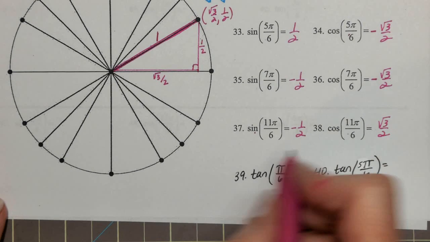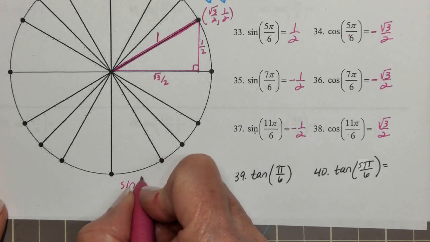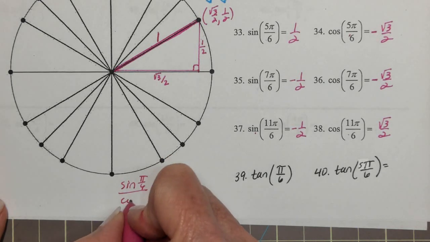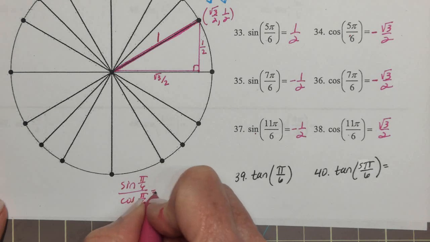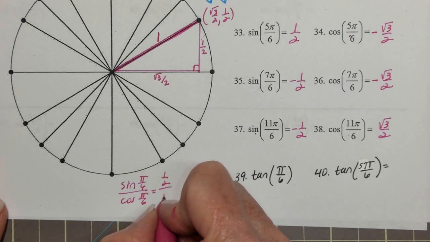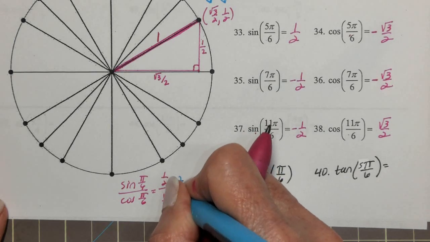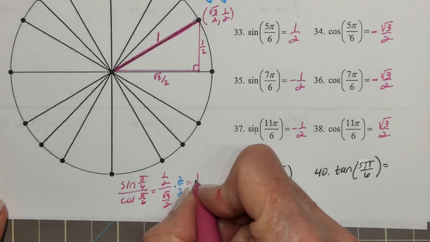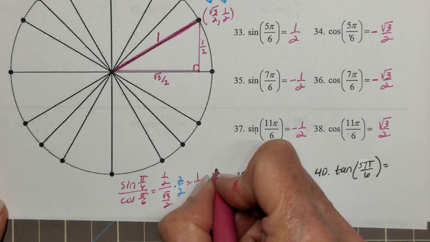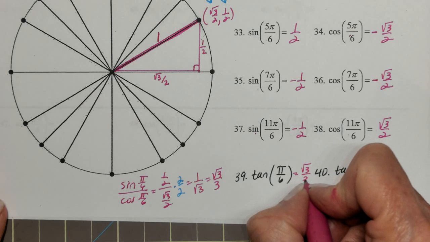Okay, tangent. Sine over cosine. So this will be sine of pi over 6 divided by cosine of pi over 6. Well, sine of pi over 6 is a half. Cosine of pi over 6 is square root 3 over 2. Multiply top and bottom by 2, and we get 1 over square root 3, which is square root 3 over 3.